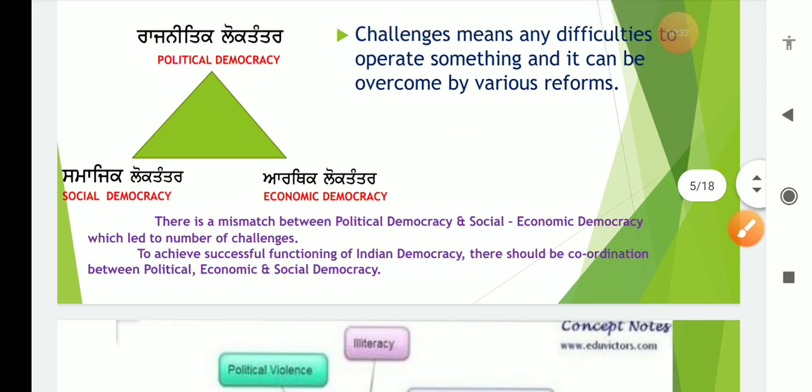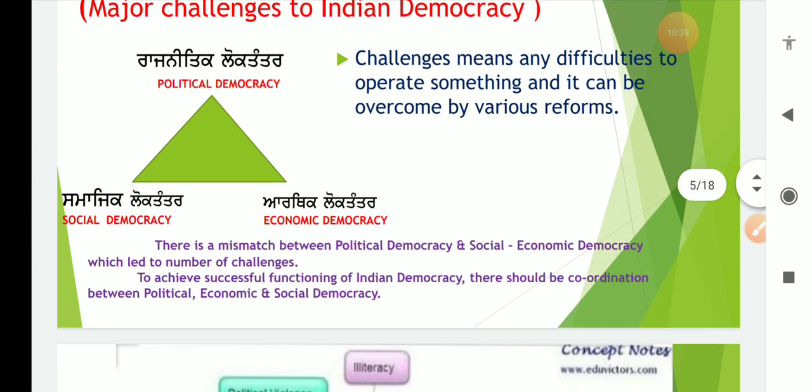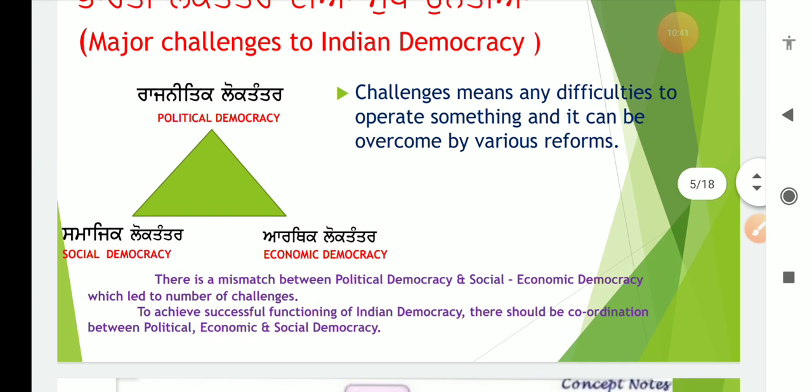There is a mismatch between political democracy and social and economic democracy, which has led to a number of challenges. In the Indian context, yes, there is a mismatch. We all have political democracy, but if we talk about samajic or social democracy, it lacks. Then economic democracy, there is no economic democracy. In fact, there is a large gap between the rich and the poor.